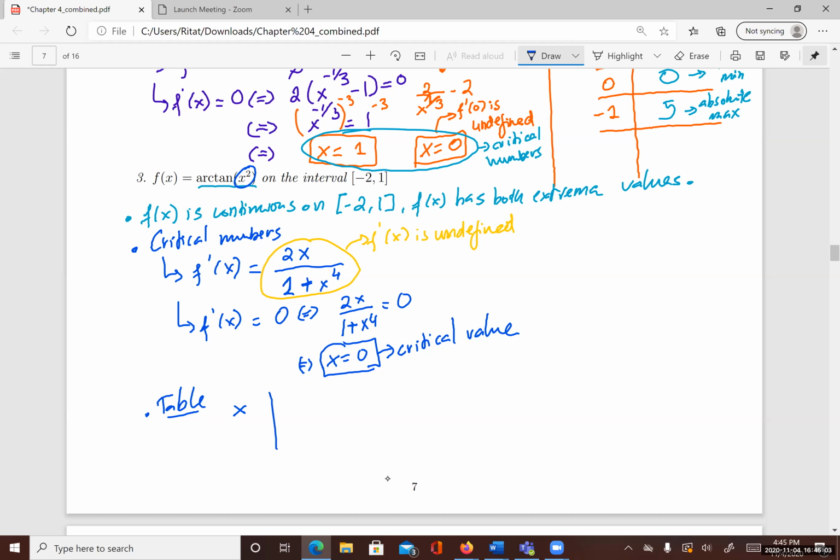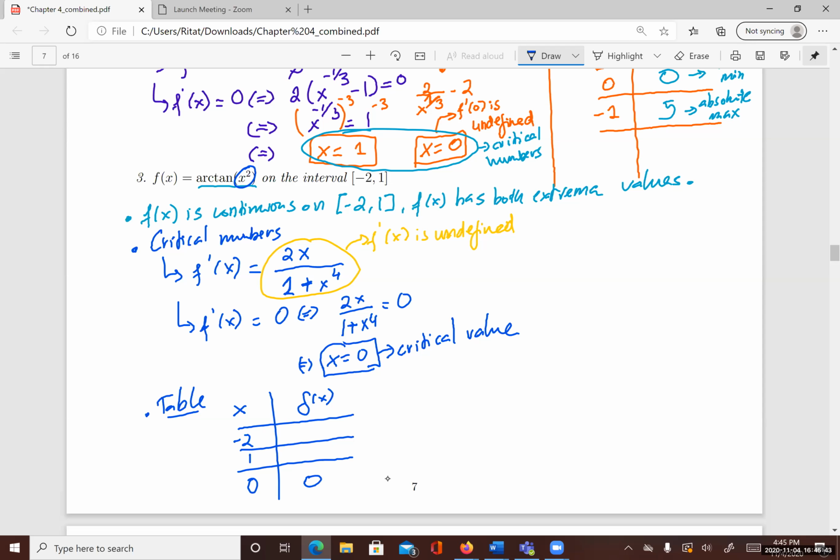So x, f of x, we have -2, 1, and 0. Then you plug your values into arctan of x squared. So arctan of 0 is 0, because the tangent of 0 is 0.